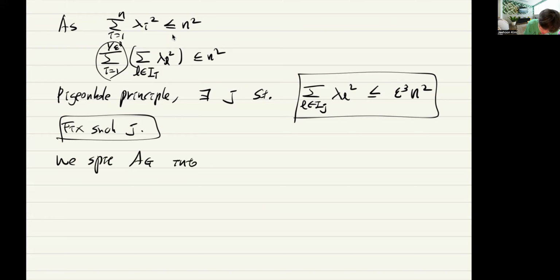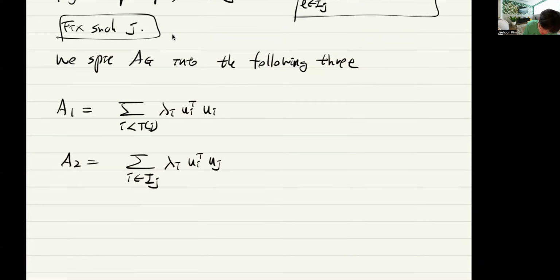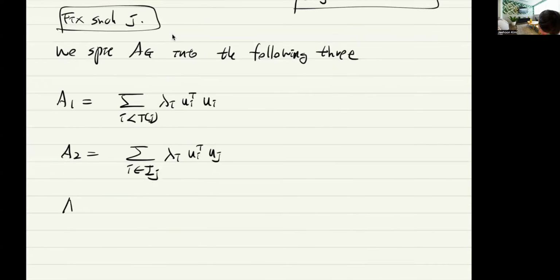Now we split the adjacency matrix into three. Let's say A_1 is the part that comes from the big eigenvalues, and A_2 is the one in the middle, and the middle is this I_j.